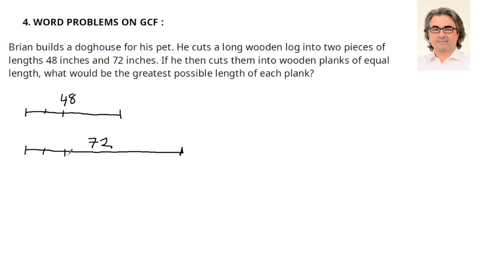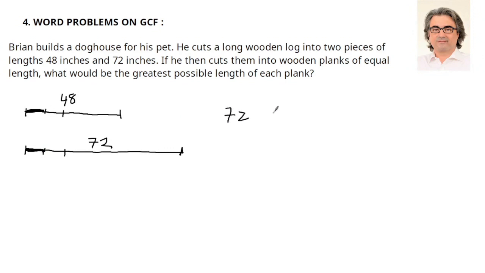Each piece has the same length, and it should have the greatest possible length. So this length or this length, there is no difference between them because they are equal to each other. This length should be the greatest number which divides both 48 and 72. Did you understand what I mean? You should find the greatest common factor of these two numbers.